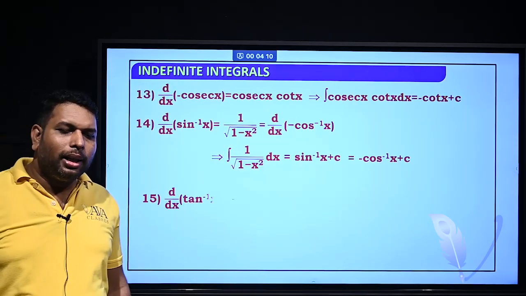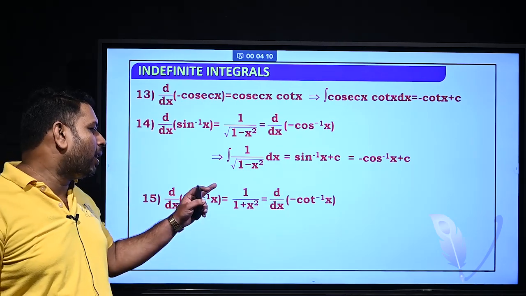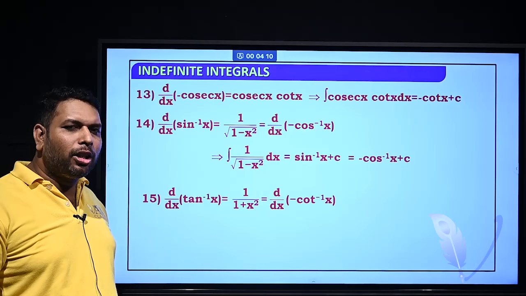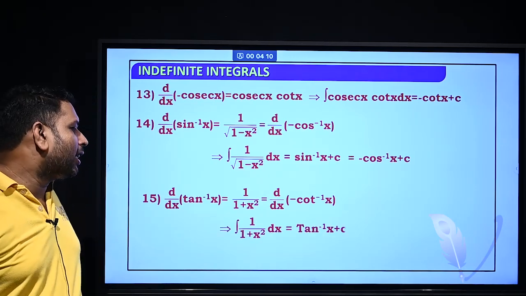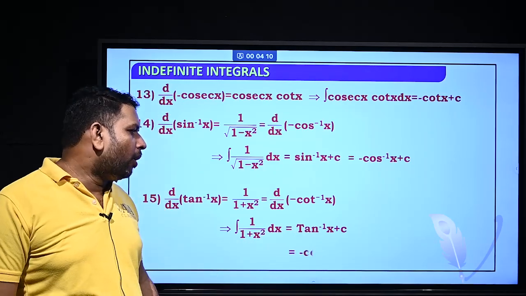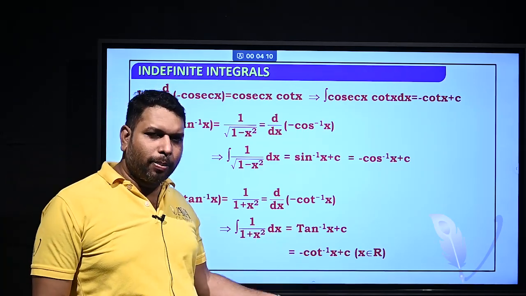Derivative of tan inverse x is 1 by 1 plus x square. This is the same as the derivative of minus cot inverse x. So integration of 1 by 1 plus x square dx is tan inverse x plus c, or minus cot inverse x plus c.